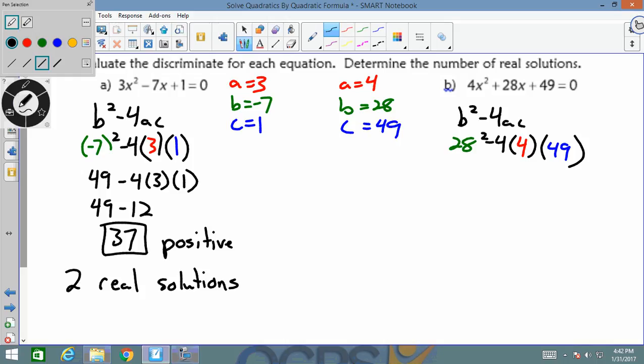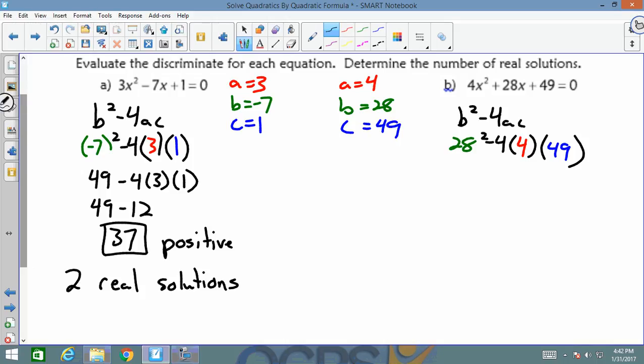Okay, 28 squared is 784. Okay, 4 times 4 times 49 is also 784. So when you subtract that, you get 0.